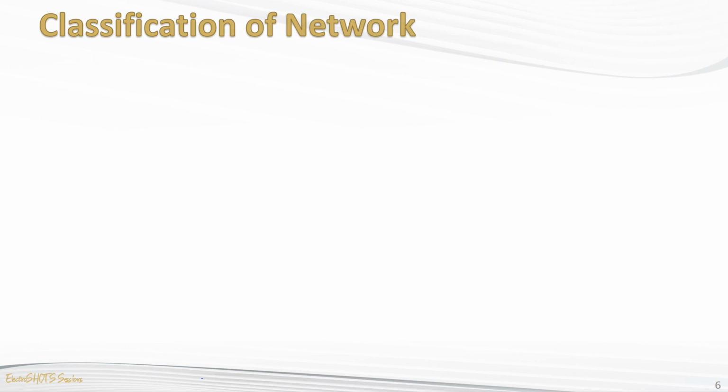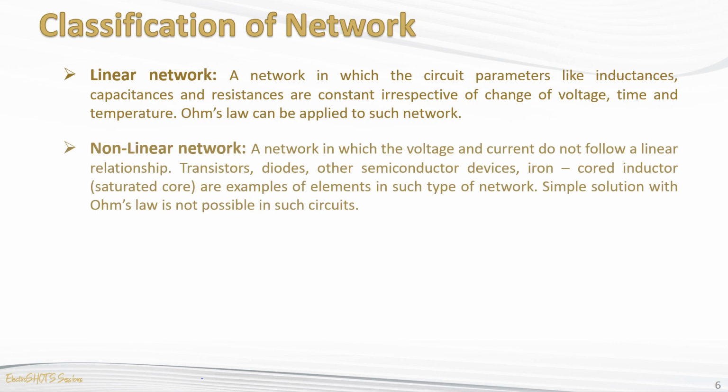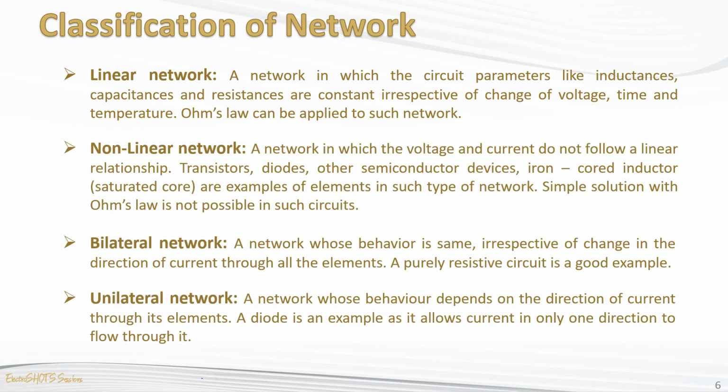Networks can be classified according to their behavior. A linear network is one in which the voltage and current follow a linear relationship, and Ohm's law can be applied to such a network. It means that even if there is a change of voltage, time and temperature, the resistances, capacitances and inductances do not change and remain constant.